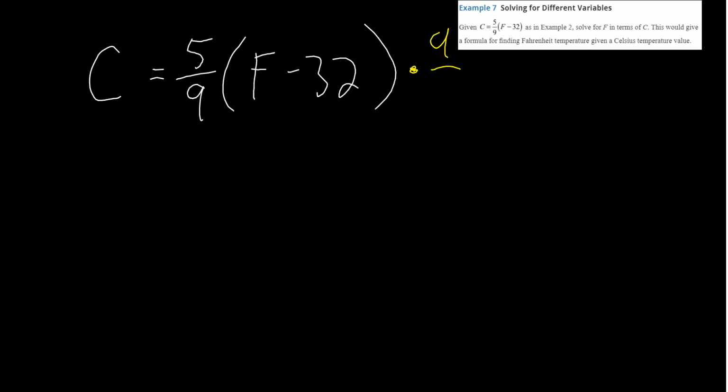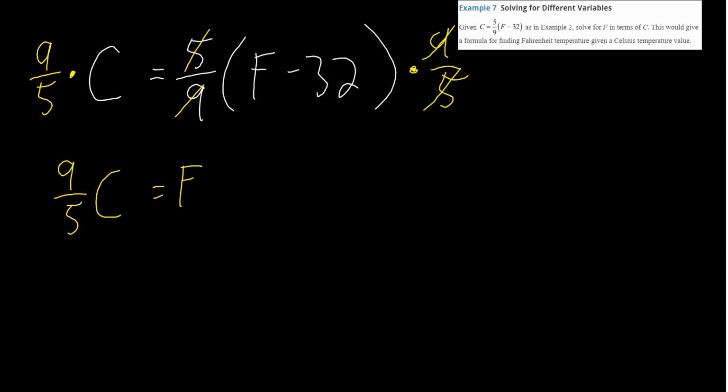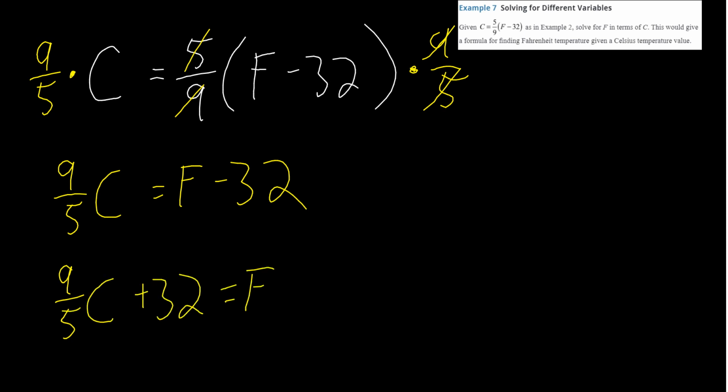So 9/5 on the right side, right? This cancels with this, and this cancels with this. Perfect. And then we multiply 9/5 on the left side, so we end up with 9/5 c. So we have 9/5 c is equal to f minus 32, and then we add 32 to both sides, so we simply have 9/5 c plus 32 equal to f.